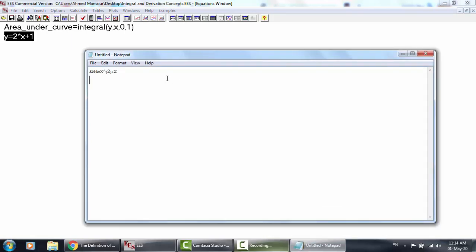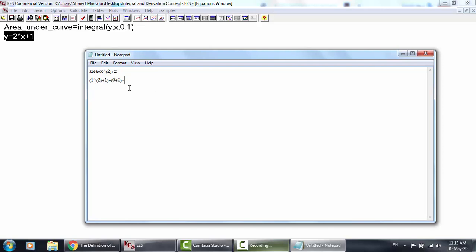This means that we have 1 square, okay, plus 1, this, minus 0, okay, plus 0.